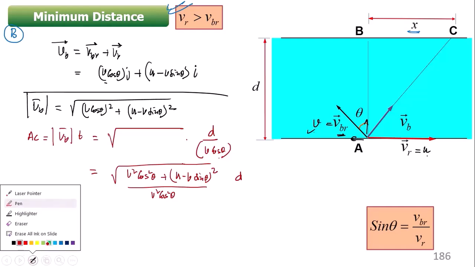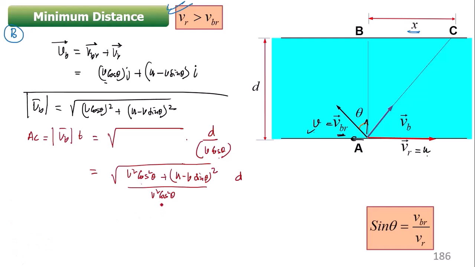If I simplify it further, this divided by that becomes 1. It becomes the square root of 1 plus (U by V) square, and 1 by cos means sec theta, minus, V cancels out.